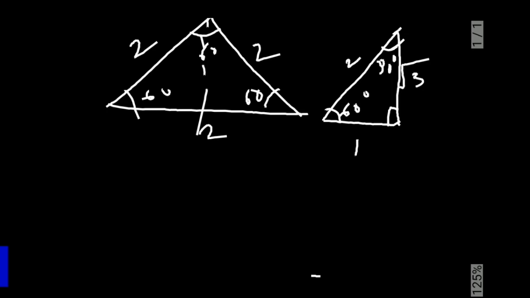Now you see that it's actually very easy to have the values of those trigonometric ratios. We know that cos theta is equal to the adjacent side of the angle over the hypotenuse.